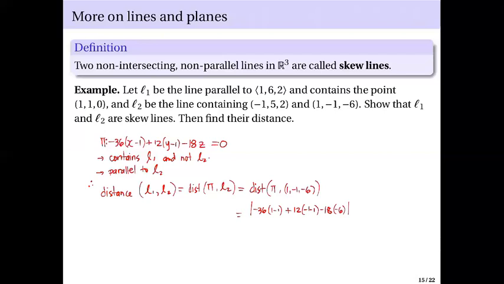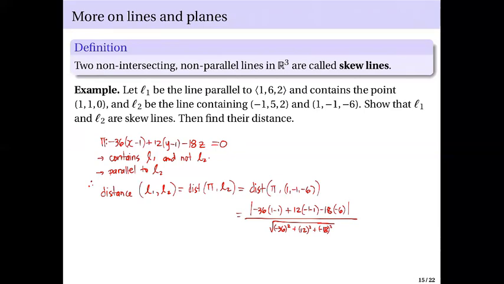So you have the absolute value divided by the square root of -36 squared plus 12 squared plus -18 squared. Then just calculate, and that will be the distance of the two lines.